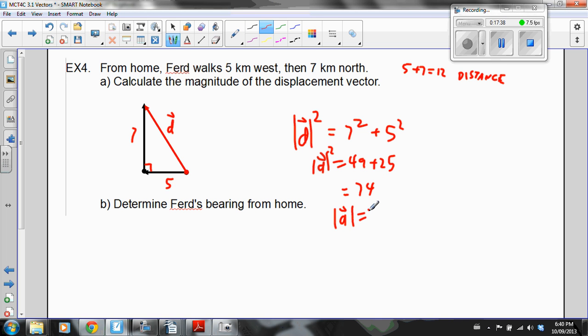The magnitude is about 8.6 kilometers. So he's actually 8.6 kilometers from home. And notice, I'm talking about the magnitude, the length of that red vector. The direction, pointing off in this direction, he's some west and some north. Well, I need to find an angle here and then talk about a bearing.